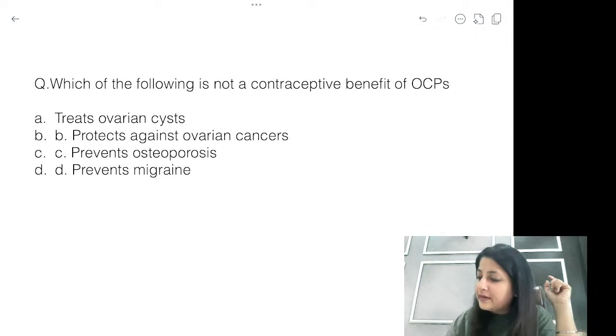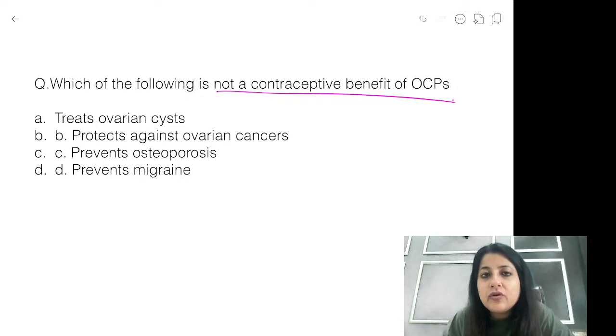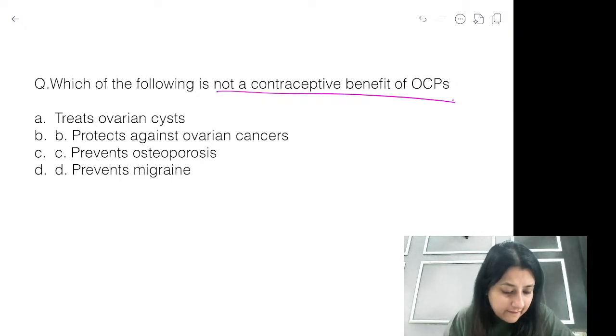Let's see another one. Which of the following is not a non-contraceptive benefit of OCP? Can you tell me? Treats ovarian cyst, protects against ovarian cancers, prevents osteoporosis.